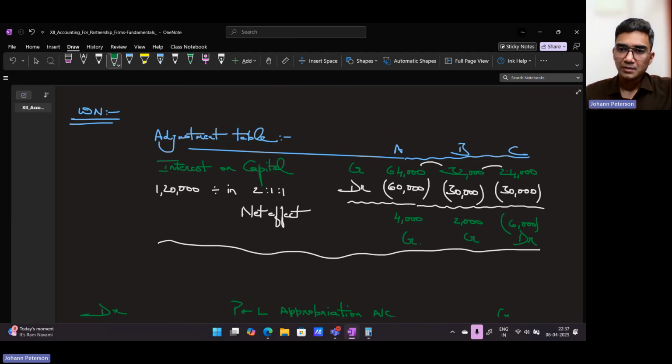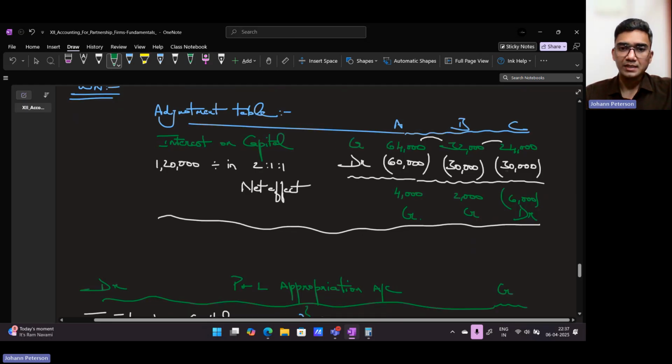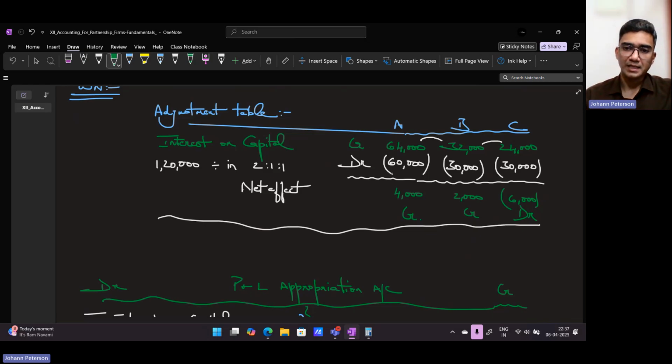And then we add all this and divide that in 2 is to 1 is to 1, which comes out as 1,20,000, and we are debiting it. We are taking this back in this ratio, which is 60,000, 30,000, and 30,000.